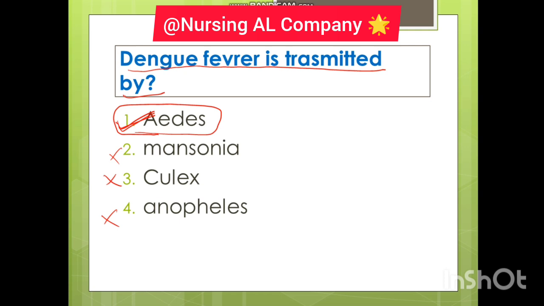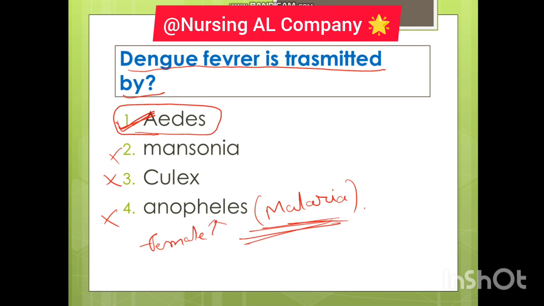And malaria is caused by the female Anopheles mosquito, and for dengue, it is Aedes.